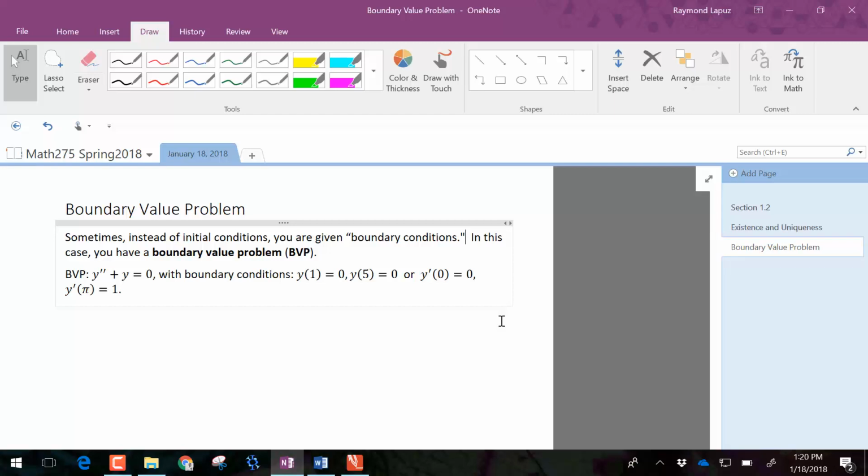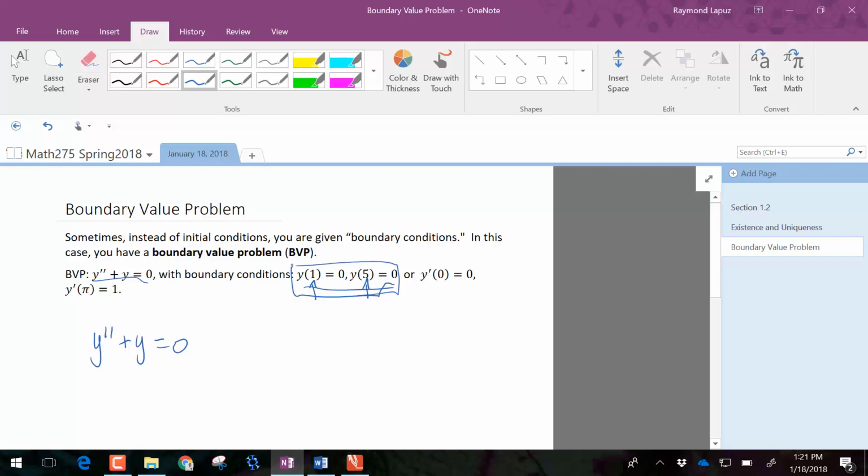So let's take a look at this particular problem here. We've got y double prime plus y is equal to 0. And then an initial condition would maybe have y of 0 is equal to this and y prime of 0 is equal to that. But here, you have two different x values that you're considering, and so that is now considered a boundary value problem.